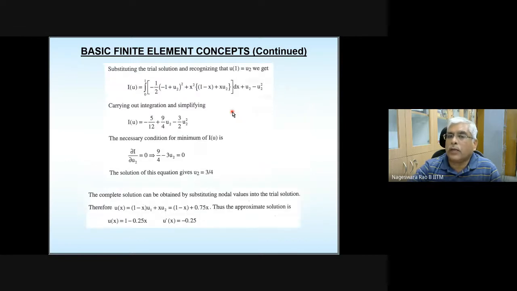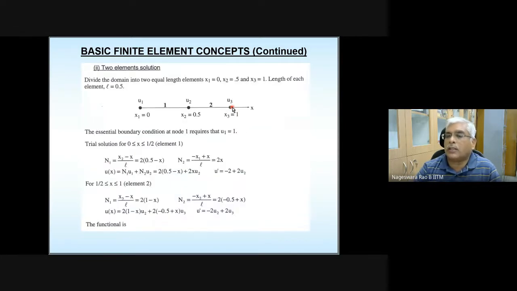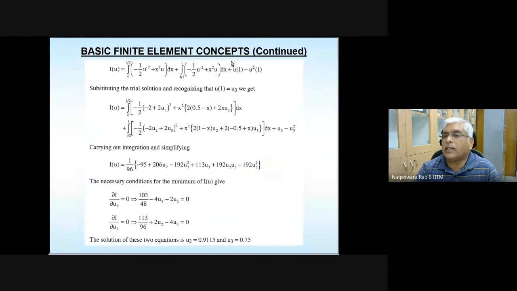And in case of two element solution, it is nothing but the third node. So we just plugged in that information here. Wherever U1 is there, replaced with U3. Wherever U square, that is, U evaluated at x equal to 1 square, is there, we replaced with U3 square.